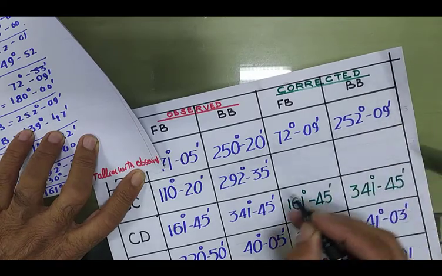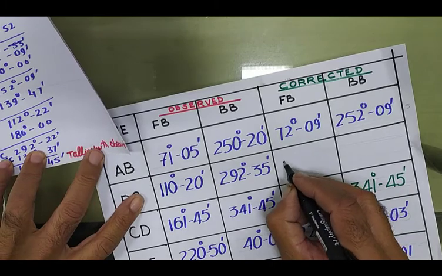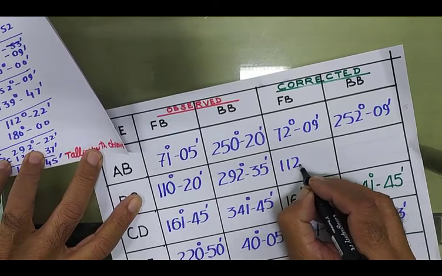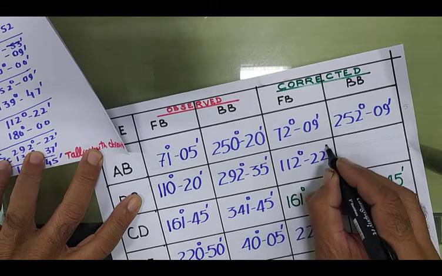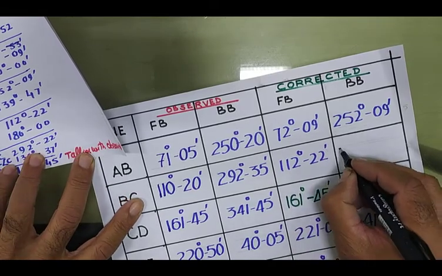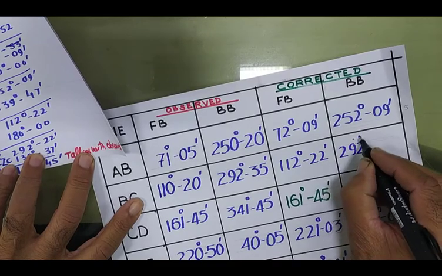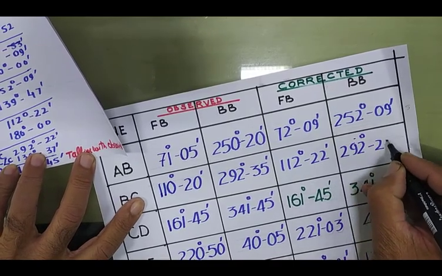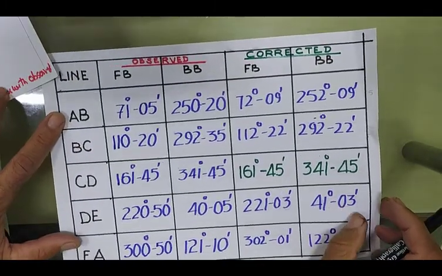And the last one is the forward bearing of line BC, 112 degrees 22 minutes, and its back bearing is equal to 292 degrees 22 minutes. So this is what we have calculated from the given data.